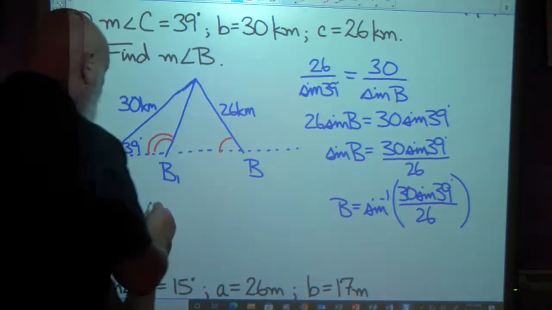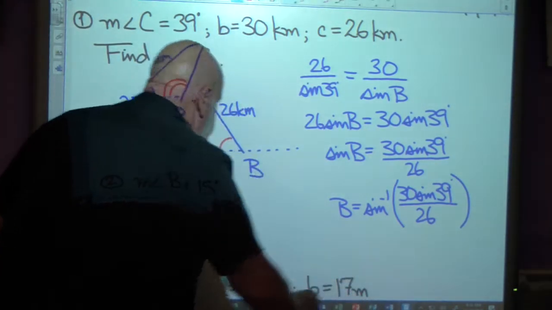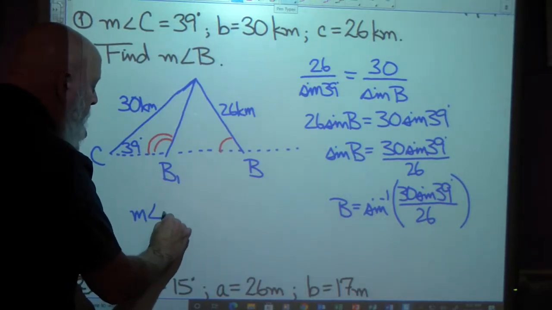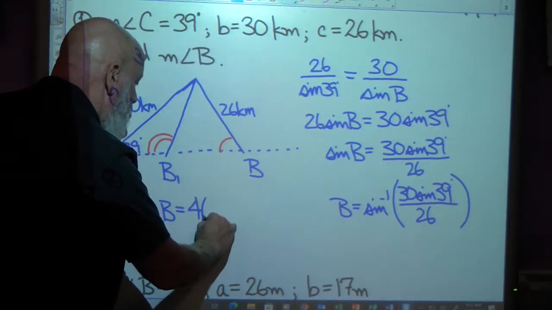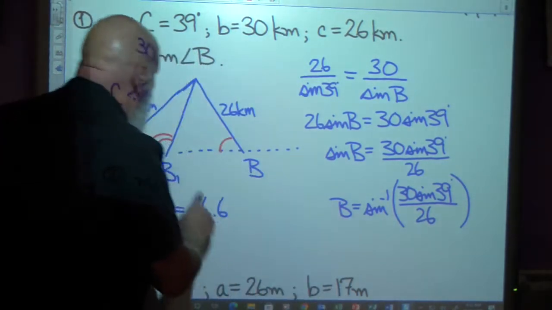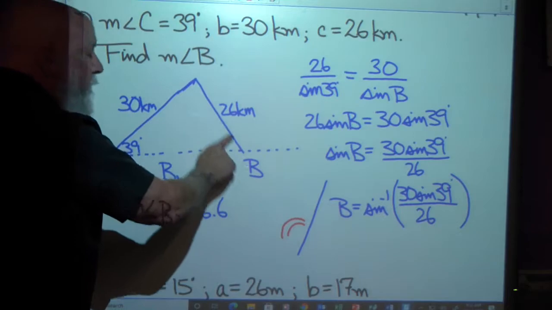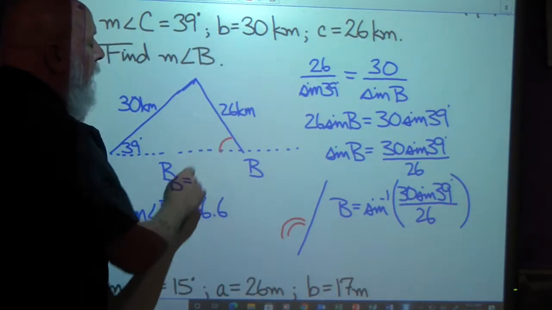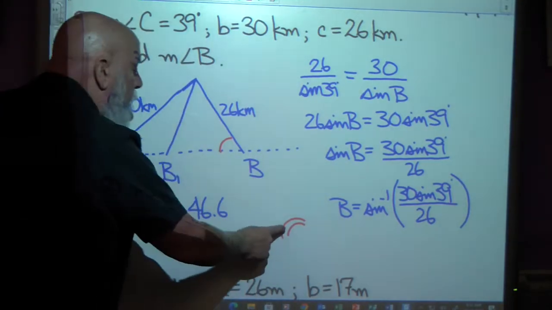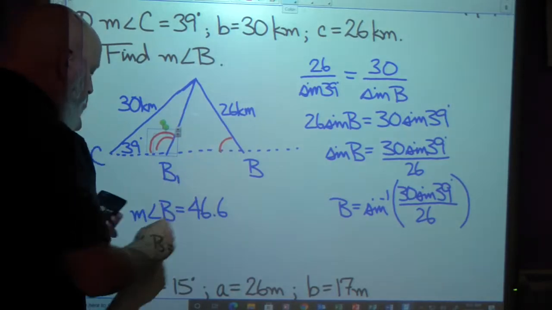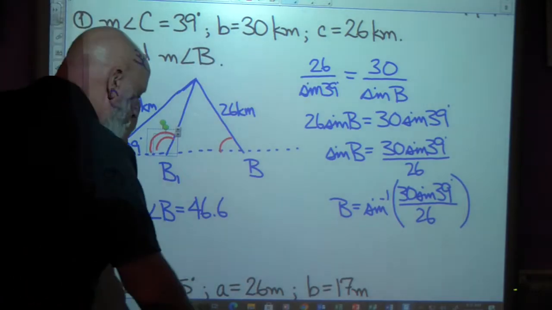So the measure of angle B is either 46.6, having solved this triangle, and always solve this one first, that way you'll get the acute angle first, and then from that information I can say, or it could be the supplement of this angle. So I subtract that from 180. It could be 133.5.